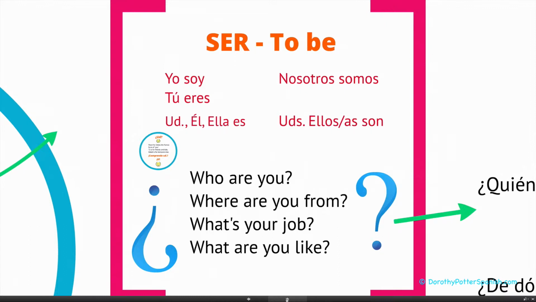Let's conjugate it together. Remember that conjugation of a verb is the changing of the verb to go with the differing subjects. In other words, we have first person, second person, and third person singular, as well as first, second, and third person plural.